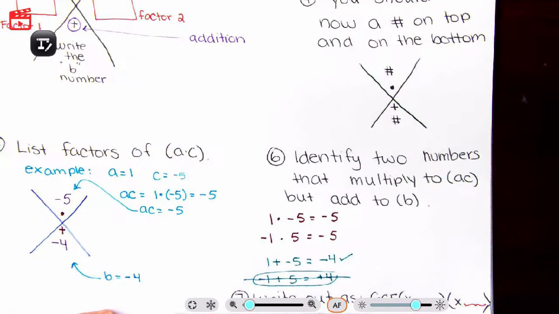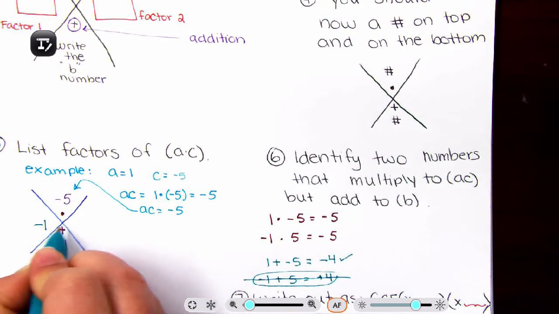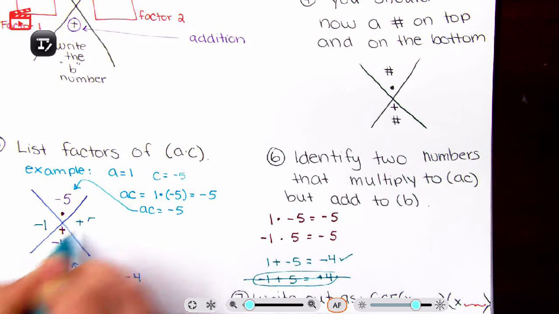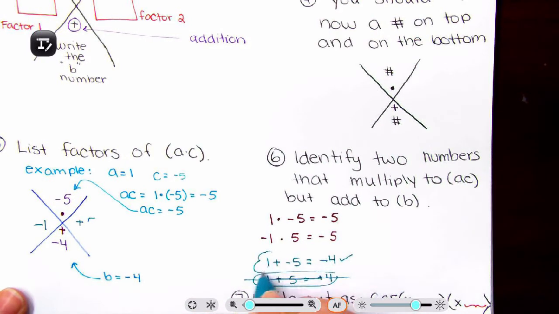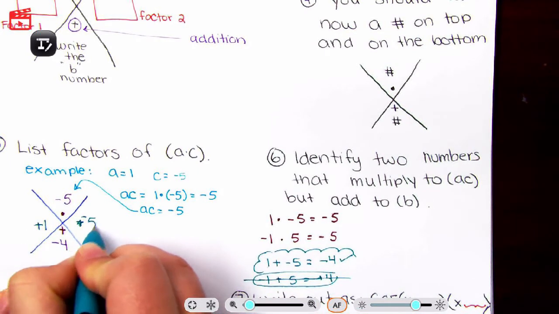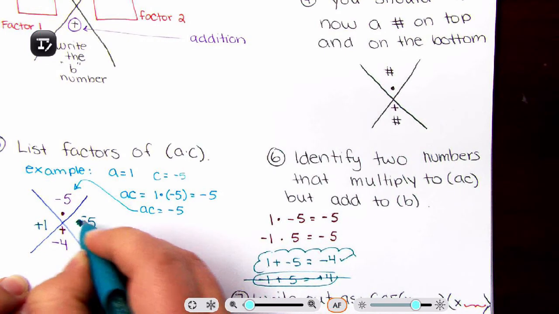This one works. So that means my factors are -1 and +5. Just kidding, what am I doing? This one here. So +1 and -5. Too many 1s and 5s, lost track.